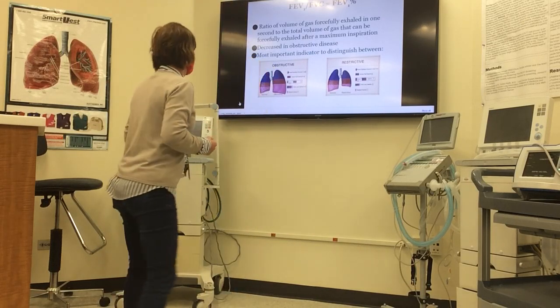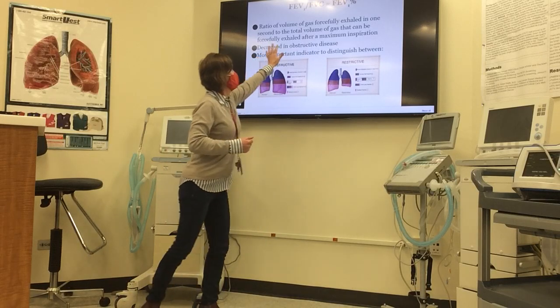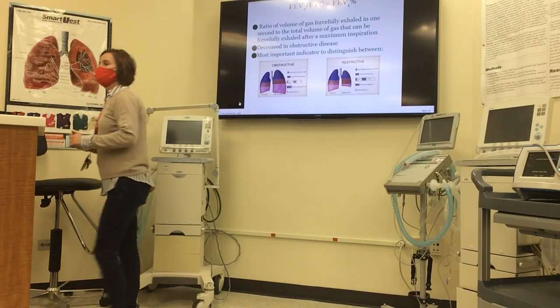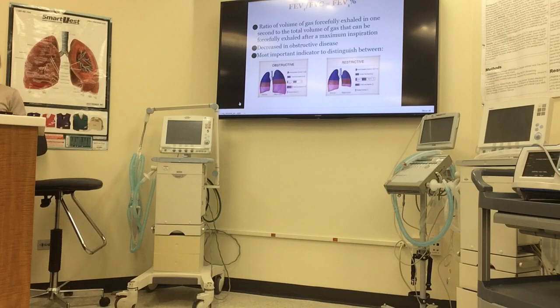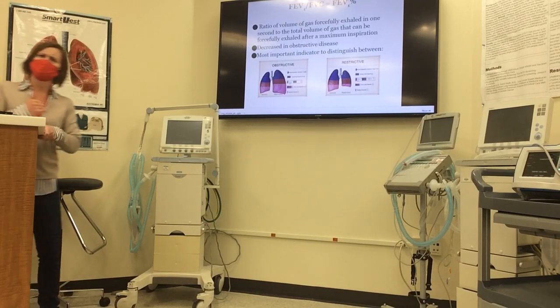In this reading, you're looking at the ratio of volume of gas forcefully exhaled in 1 second compared to the total volume of gas that can be forcefully exhaled after a maximal inspiration. In other words, your vital capacity, your forced vital capacity. This is very important. It will be decreased in obstructive disorders, and it will be normal in restrictive disorders.